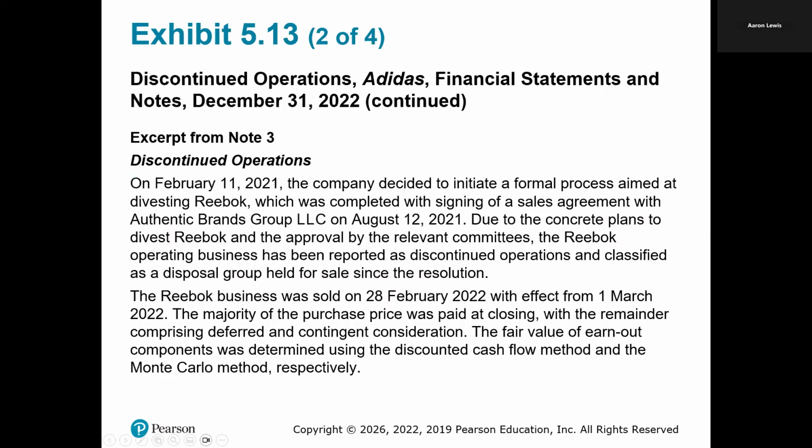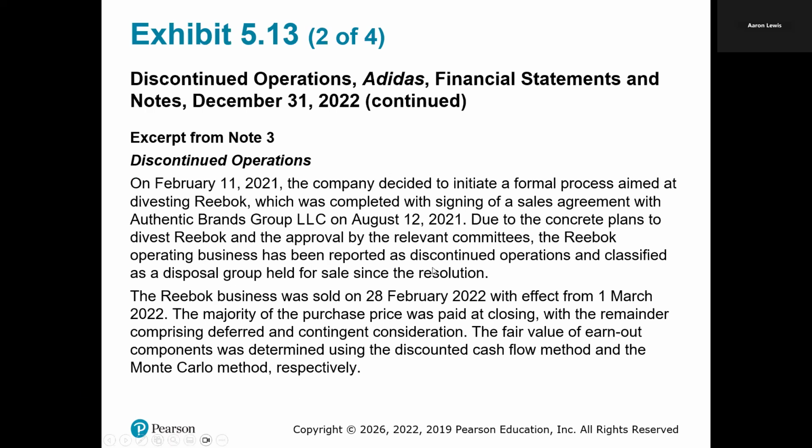In the notes to a financial statement, when you discontinue an operation, you need to provide some pretty significant information about why you are discontinuing that operation, when it's going to be discontinued, etc. And I'm not going to go through all the different topics in here, but this is very real from Adidas when they got rid of the Reebok brand that they divested of. They noted that it was approved in this case.